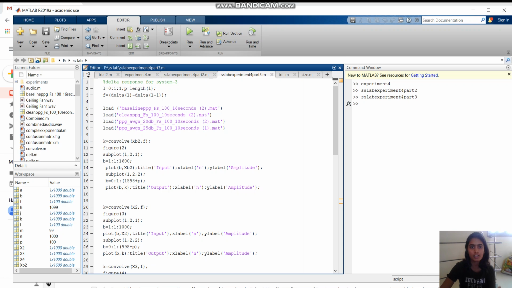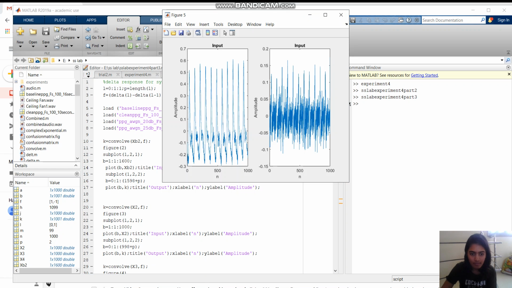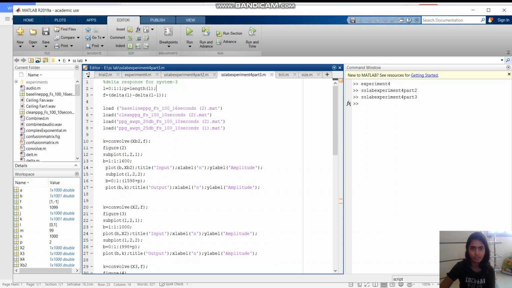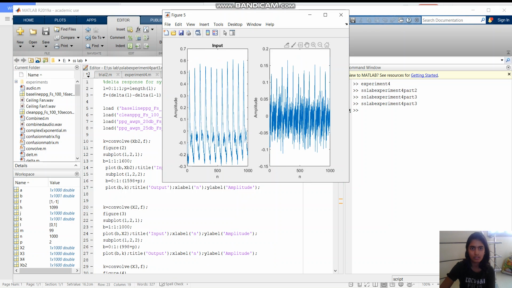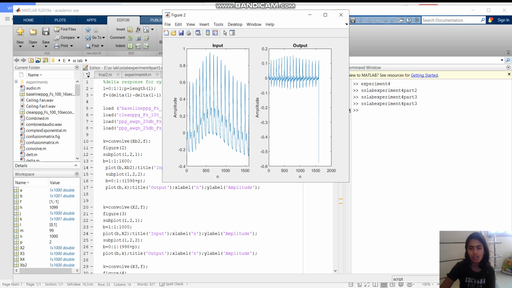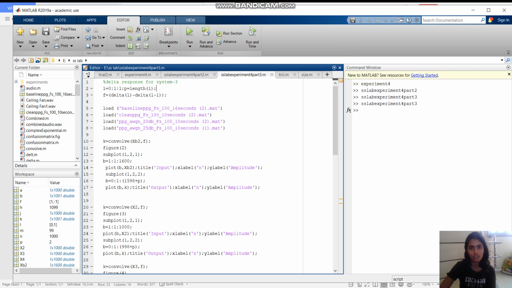And the third system also, I have defined the impulse response in a similar way for this system, and then found the output. So these are the inputs and outputs. Here the high frequency component is being returned as an output, and the low frequency component is not there in the output.